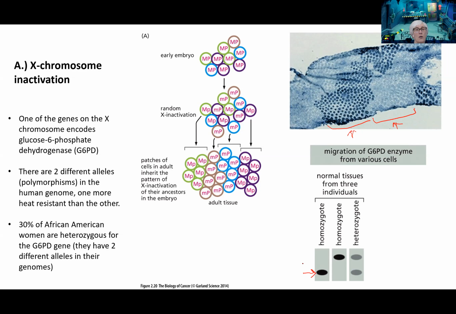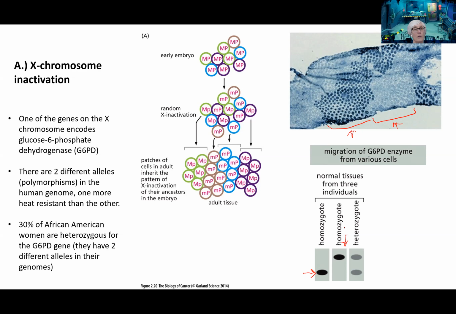And this person is homozygous because they only have that form. Similarly, the center lane shows what a homozygous individual's profile might look like if they only had the heat labile form of the G6PD gene.